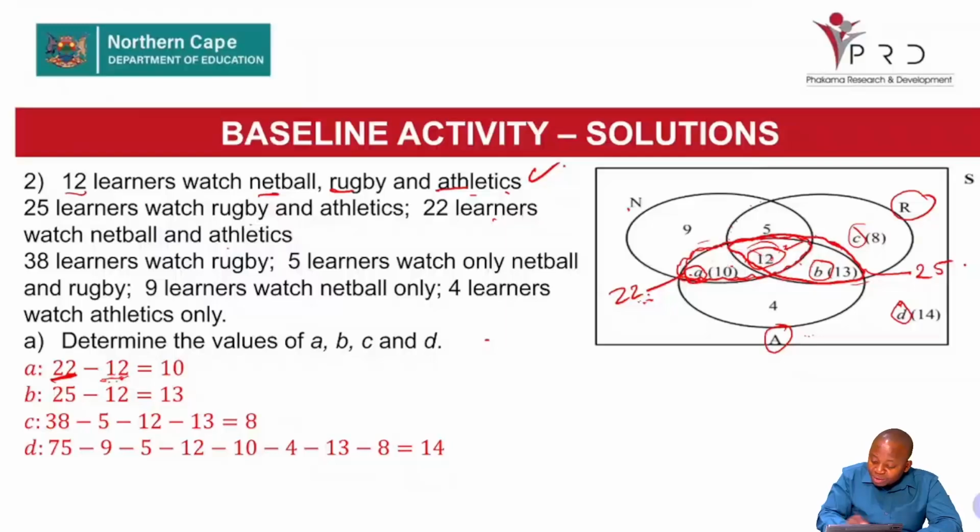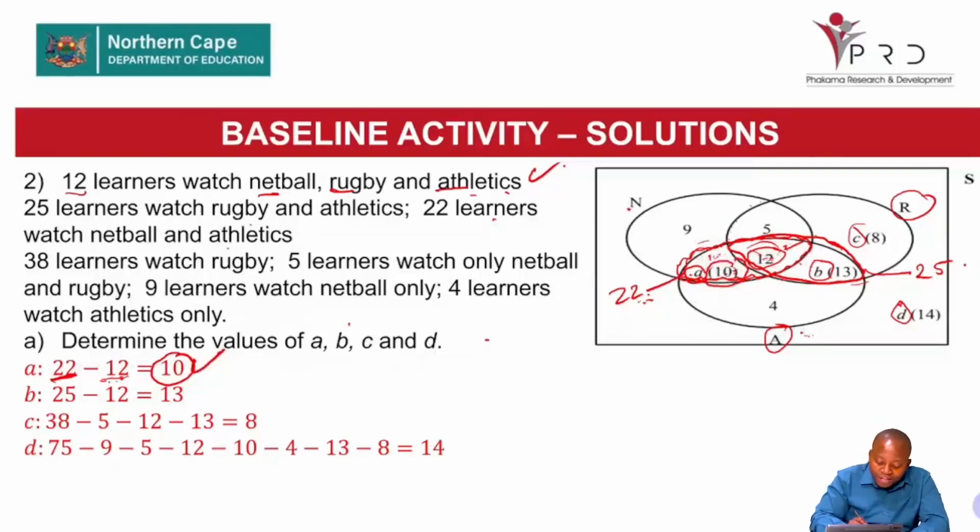So when I take it out, I get a value that does not include 12, which is 10. So 10 is A alone. This 10 does not go along with that 12. When you add 10 plus 12, it must give us 22, because the whole intersection between N and A must give us 22.